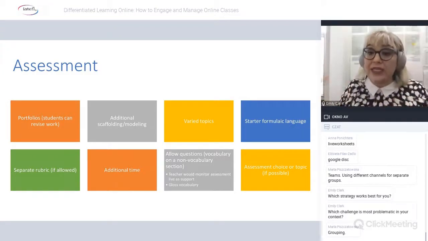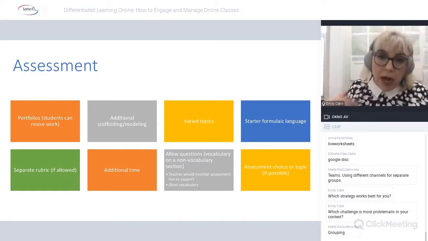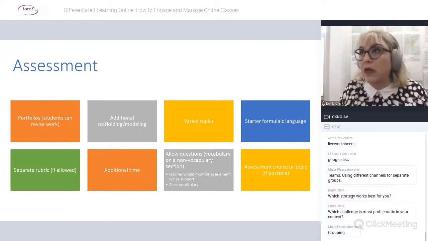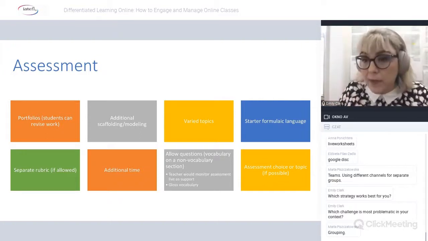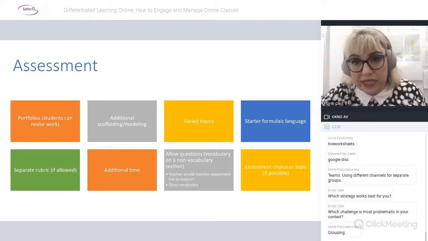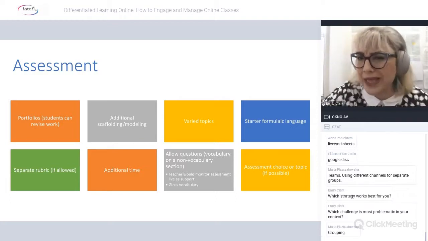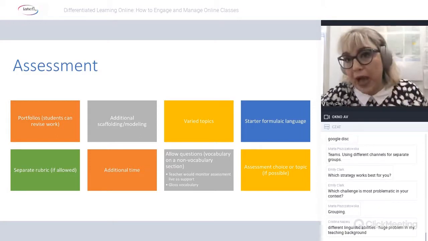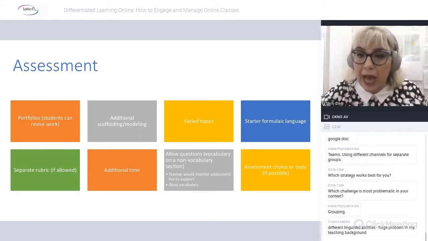Additional scaffolding, additional modeling. As much modeling as you can do for the students, modeling with pronunciation, modeling with writing samples, is really helpful for students. Varied topics, again, we talked about that. Giving students formulaic language. So instead of just saying, give your opinion about global warming, I'm going to give them some information.